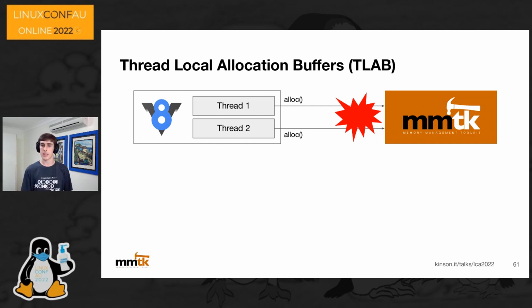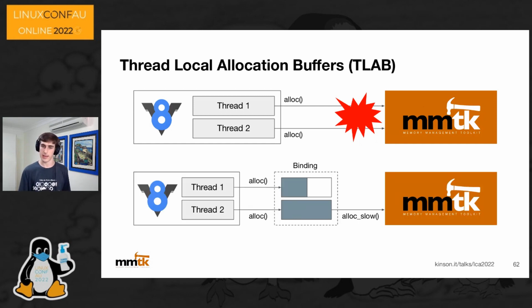So a common practice when integrating with MMTk is to use what's known as thread local allocation buffers, where instead of always calling out to MMTk, we acquire just a buffer for that thread specifically, and we allocate into this buffer whenever we need more space. Then when the buffer is completely full, we can call out to MMTk via the slow path. This dramatically reduces contention and improves performance in multi-threaded VMs.